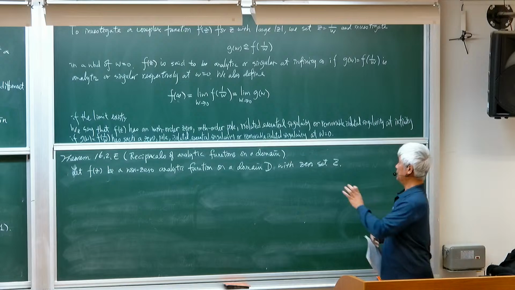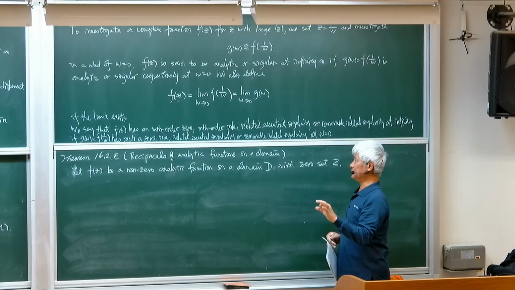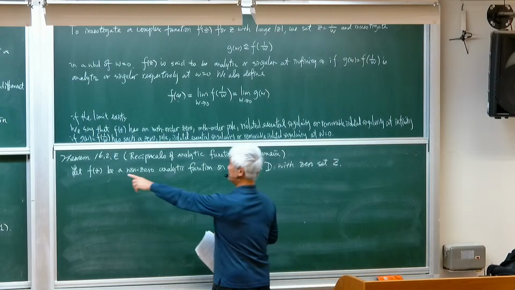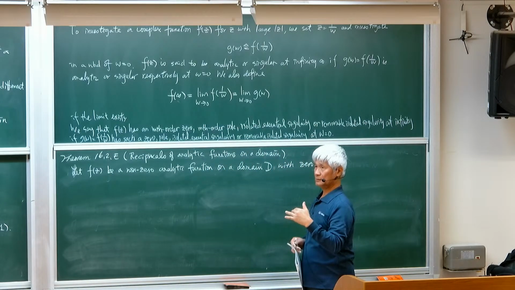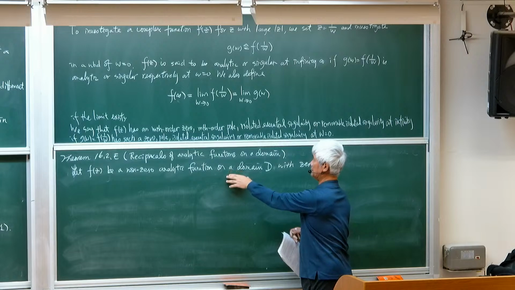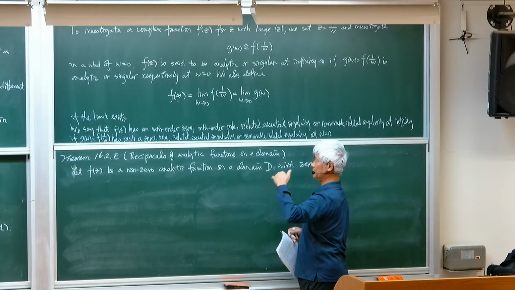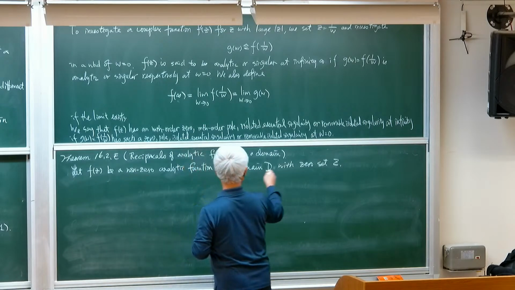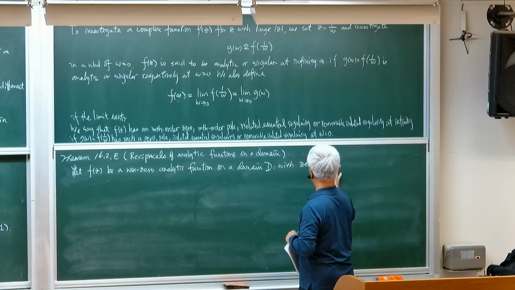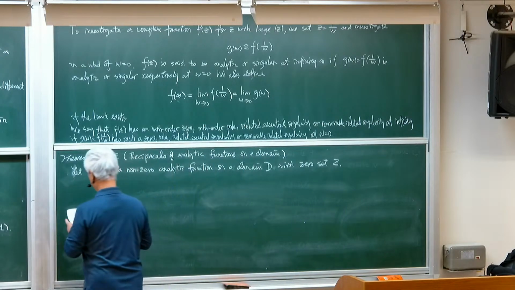Why? Because if the zero set had an essential zero, then this function would be identically the zero function, since it is an identity function on a domain D. But we say f(z) is non-zero, which means that the zero set contains no essential zero.